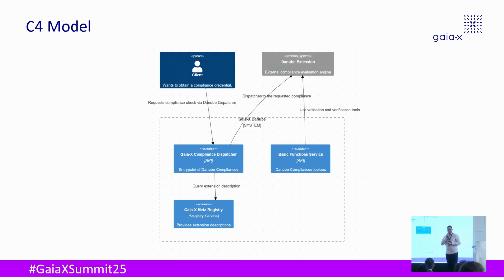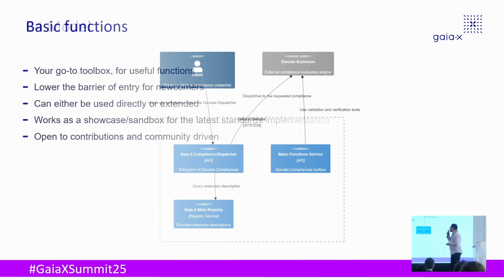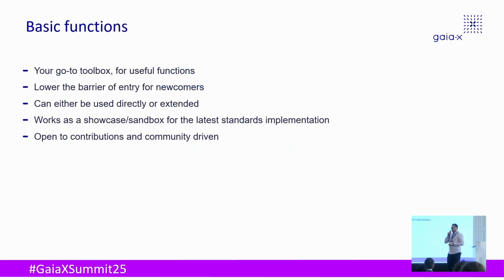But again, that's what Christoph mentioned when he mentioned a local or remote extension. And as you can see, the dispatcher is really at the center of Gaia-X Danube, linking the Gaia-X meta registry and the basic functions. But I think the next part with the compliance dispatcher will be a bit easier to understand.